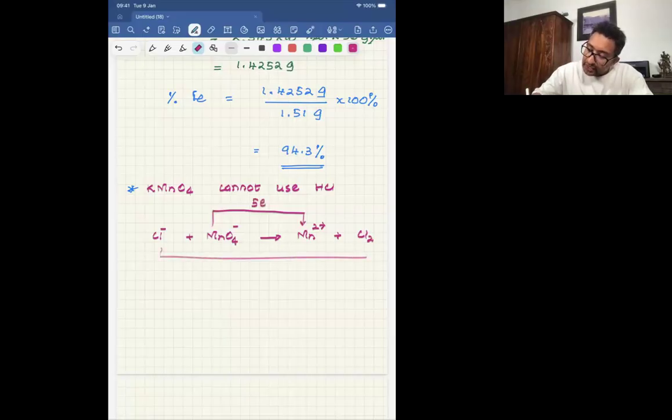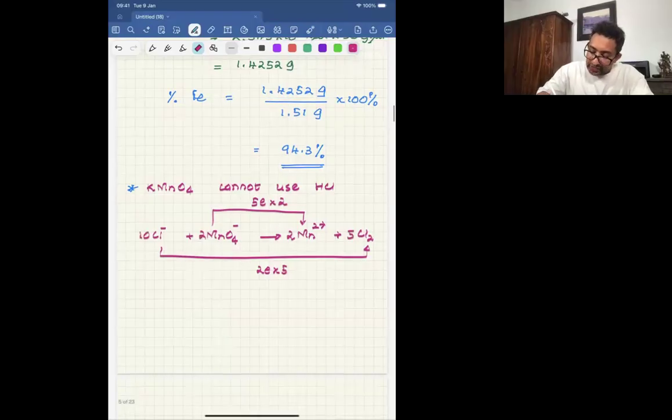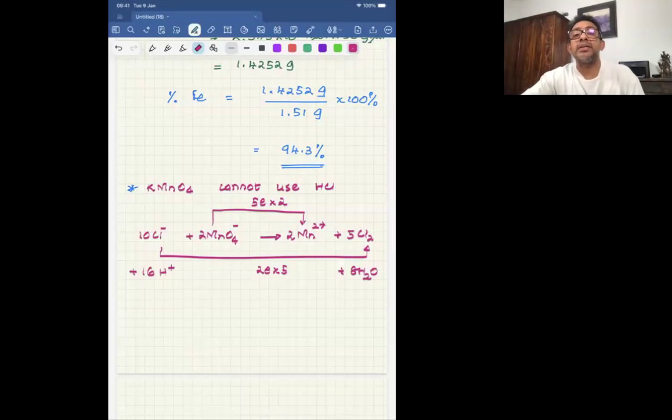Chloride to chlorine, 2 electrons. So multiply this by 5, this by 2. So this is 2, this is 2, this is 5. 5 times 2 is 10. How many H pluses? 16 H pluses. And you get how many water molecules? 8 water molecules. But check whether you understood that. So that reaction takes place.